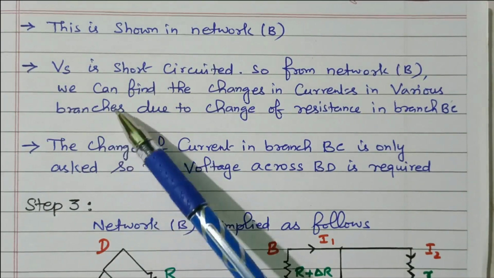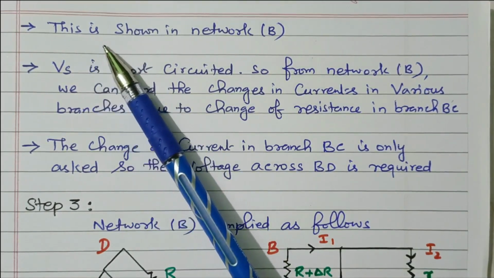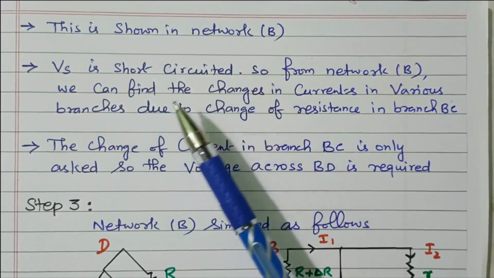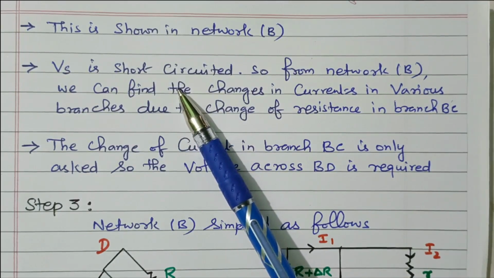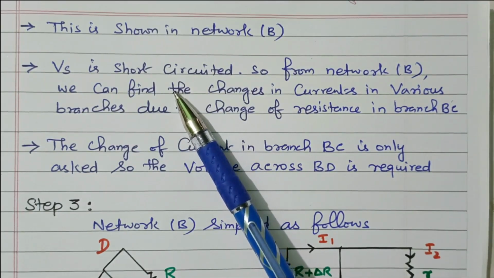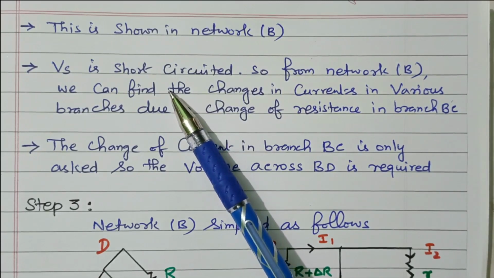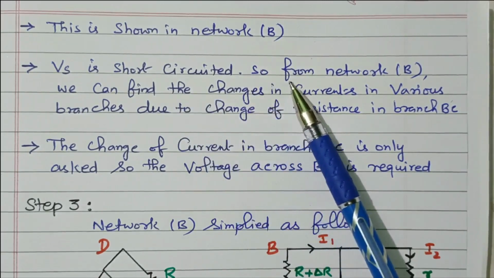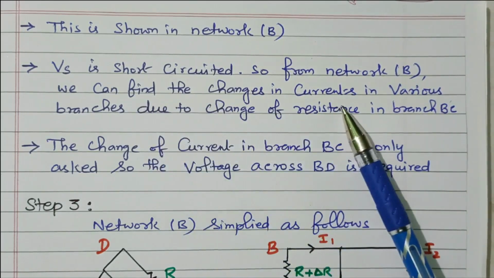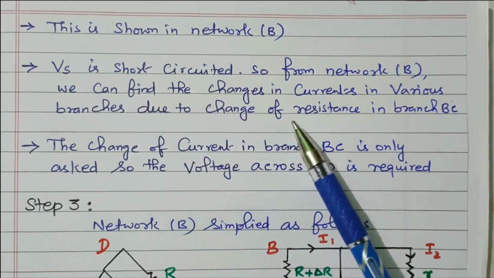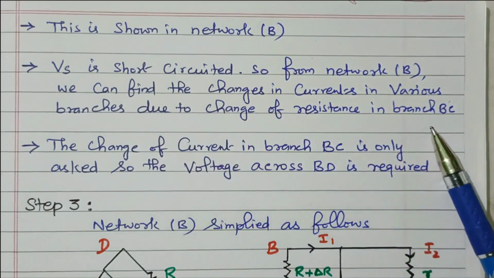Now the compensation voltage is introduced in network B. Vs is short circuited, that is the rule. While connecting the additional resistor, we connect the compensation voltage by removing the other sources. While removing a voltage source, it is short circuited. From network B, we can find the changes in the current in various branches due to the change in resistance in BC.